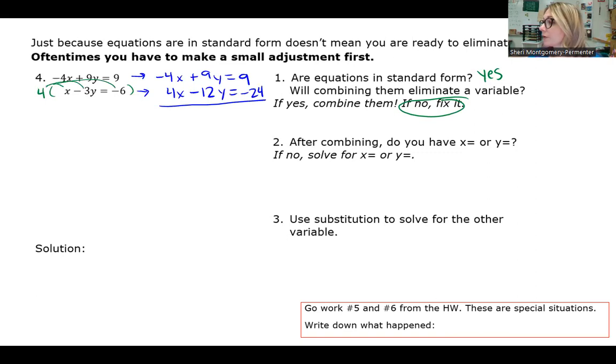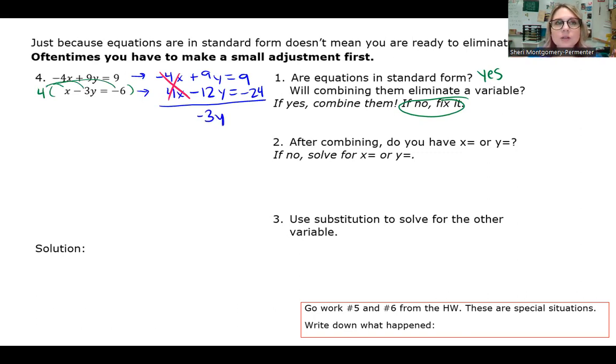Do I have a variable that will cancel? Which one? The 4s will cancel with the x, yeah. So then I have -12 plus 9, or 9 minus 12. What does that become? -3.